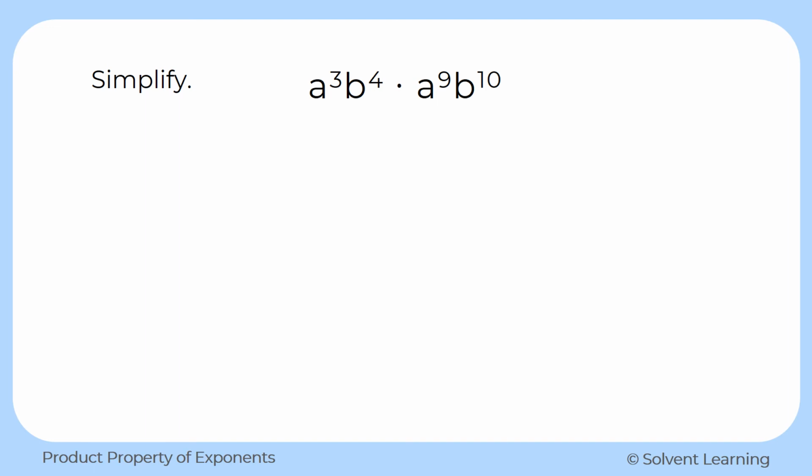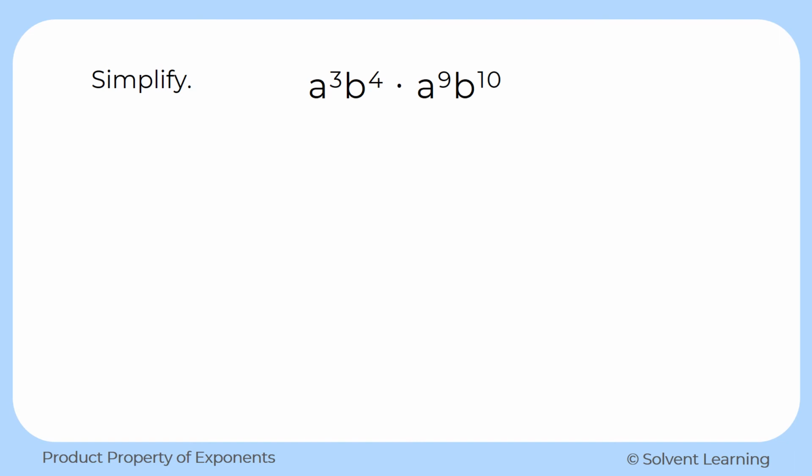Each one has a and b. And we can see that a cubed and b to the 4th are being multiplied together because those variables are right next to each other with no symbol in between. So whenever you see that in algebra, that means that they're being multiplied together.